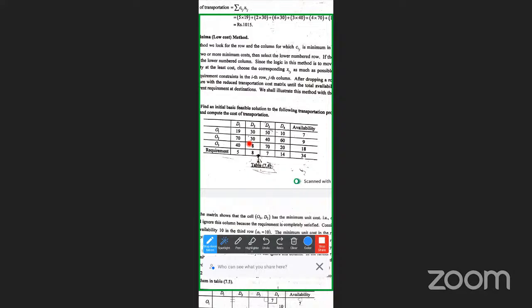Here we allocate: row wise 18 is there, column wise 8 is there. So minimum of 8 comma 18 is 8.